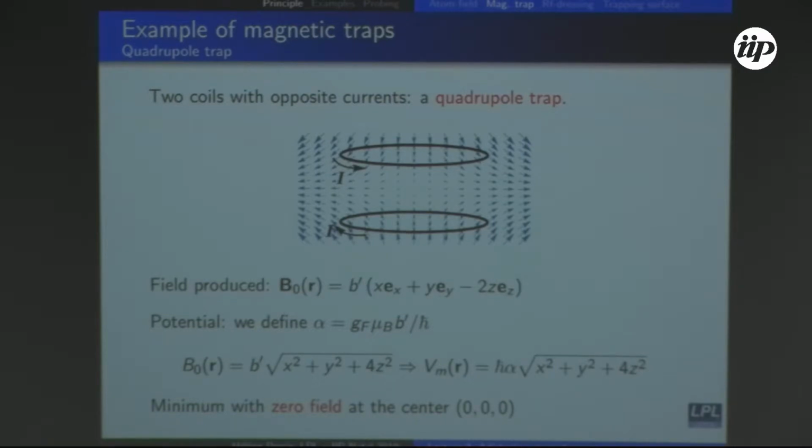And then I can write B prime x ex plus y ey minus 2 (z minus z0) ez. So a quadrupole plus a homogeneous magnetic field is just the same quadrupole, but displaced by some quantity. And this I will use in the following, so thank you for the question.